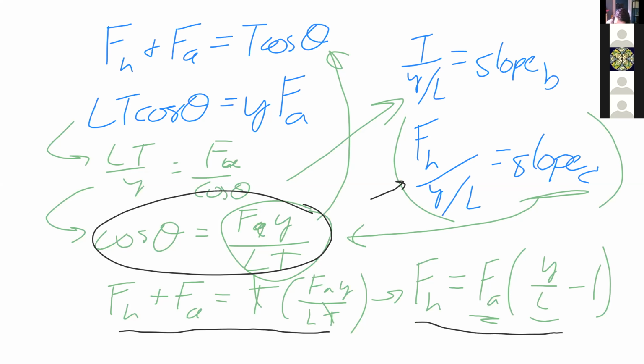So let's see, we're essentially setting these two equal to each other once you solve the second one for f sub h.